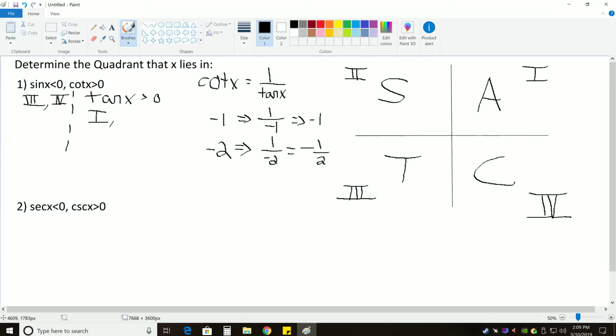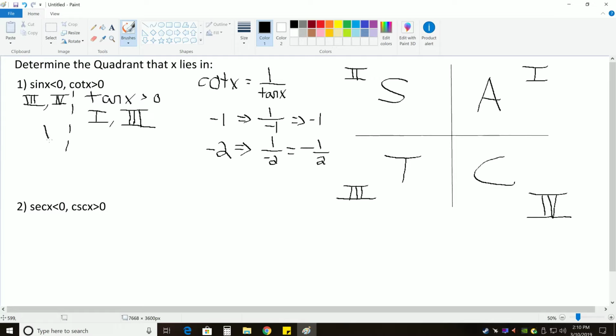And in quadrant 3, tangent is positive. So again, we want to use quadrant 3. So that tells us where sine of x is less than 0 and where cotangent of x is greater than 0.